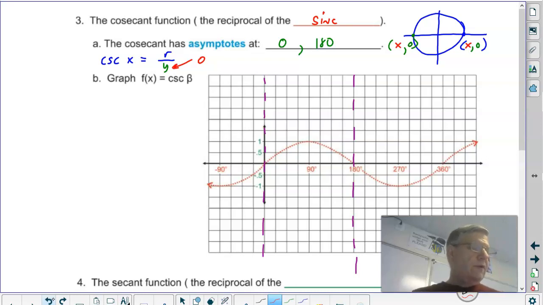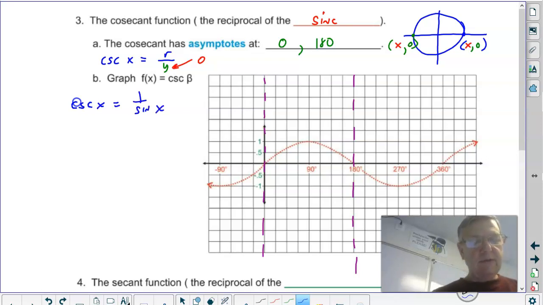What I want to do from here on out is help you understand how we get the values that we're going to get. So let's deal with some aspects here of the sine wave. Remember, the cosecant of x will equal 1 over the sine of x.